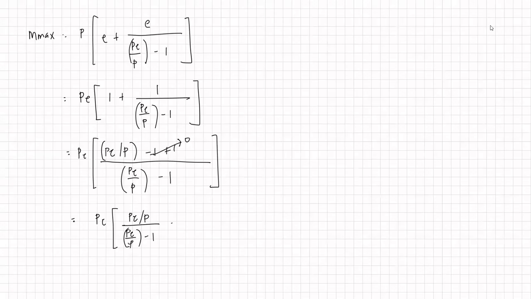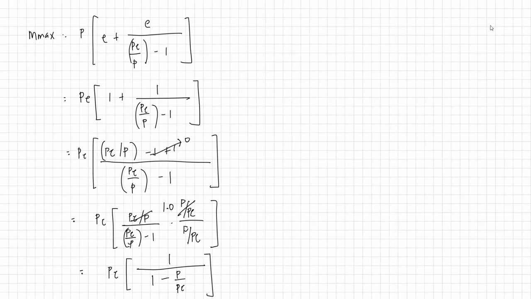And we can manipulate this one as P over PE over P over PE. So this will be 1 na lang to. And then this will be PE. This is 1 over 1 minus P over PE. Okay, that is for a maximum moment.